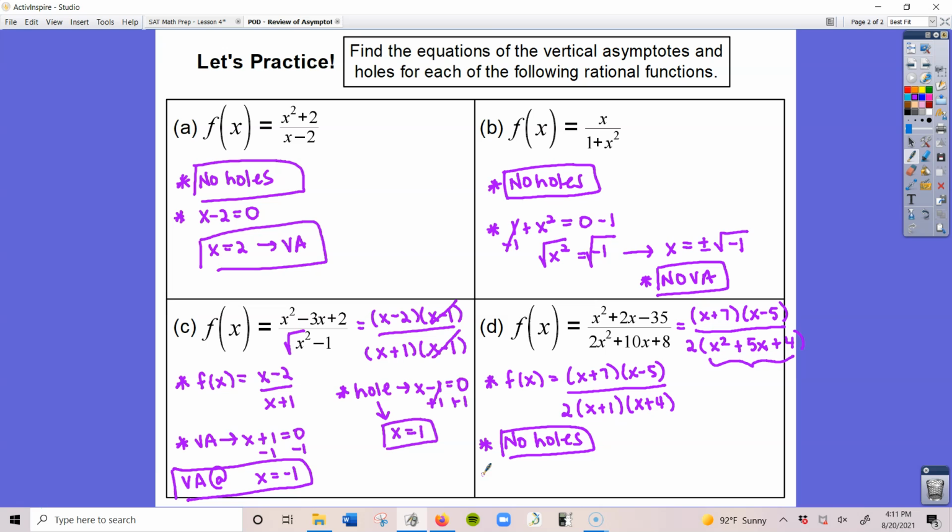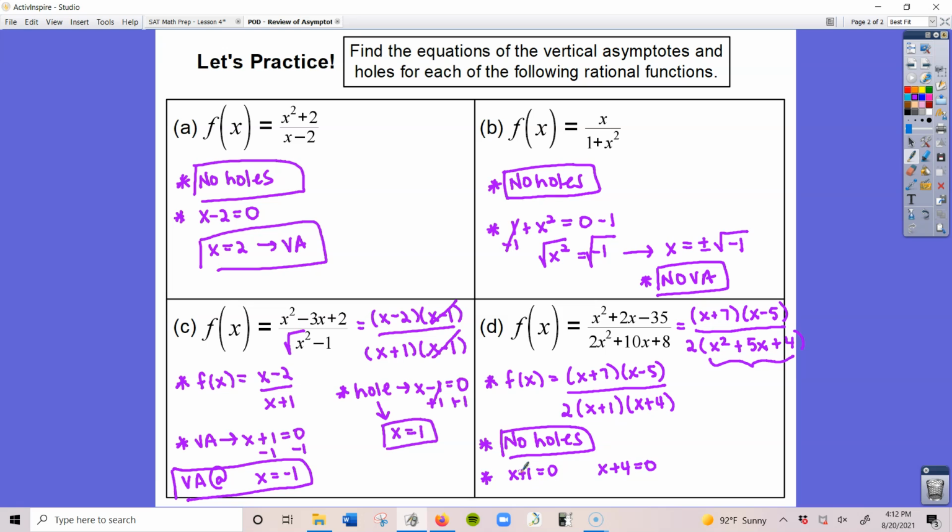Now let's work on the vertical asymptote. Just because in all of these other examples we've only had one vertical asymptote or none, it is possible to have multiple vertical asymptotes, which is the case here. So we take all of those individual factors, the x plus 1, we make it equal to 0, and the x plus 4, and make it equal to 0.